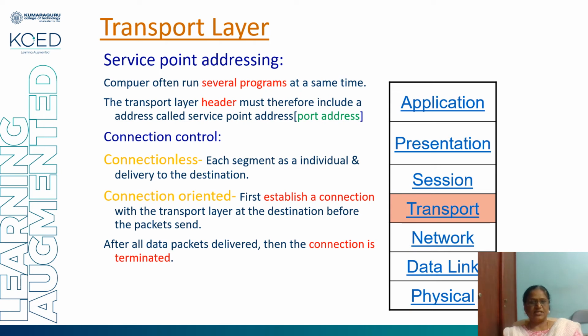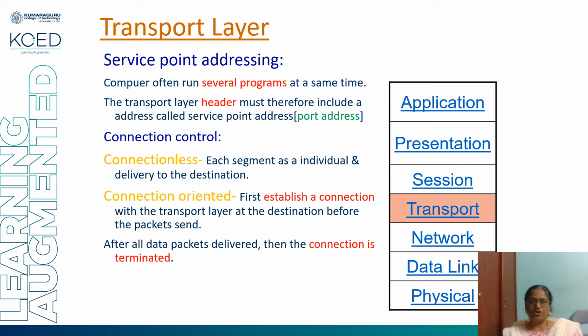The next thing is that the transport layer deals with process to process delivery. We have seen that in the transport layer there are two addresses combined together, the IP address and the port number. The port number represents the application or the process which runs in a system.